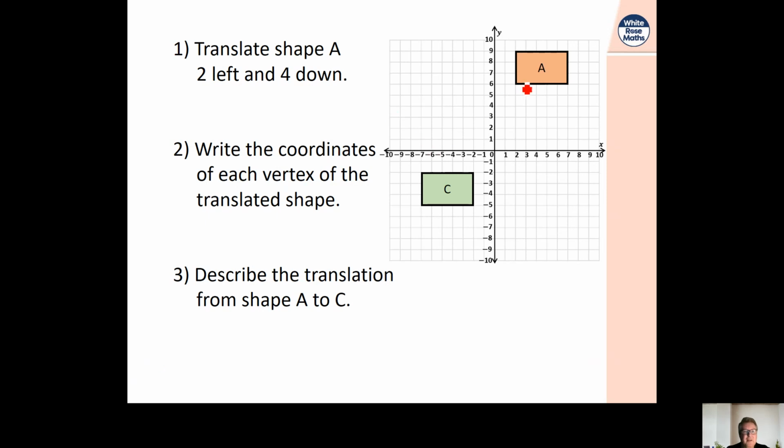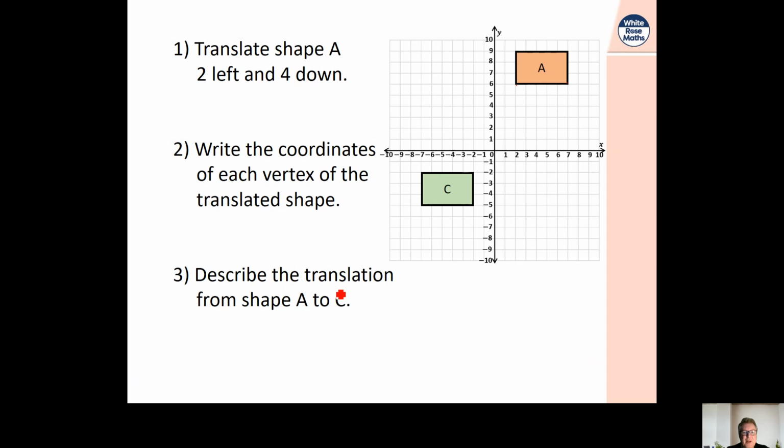So here, translate this shape, 2 left, 2 squares that is, and then down 4, and draw the shape. Write the coordinates for each vertex, the vertex being the corners, but not the corners of that shape, it's the one of your translated shape, the shape that has been moved.